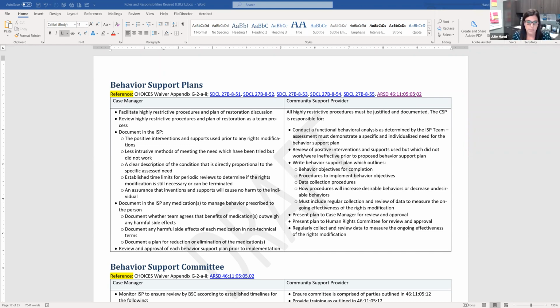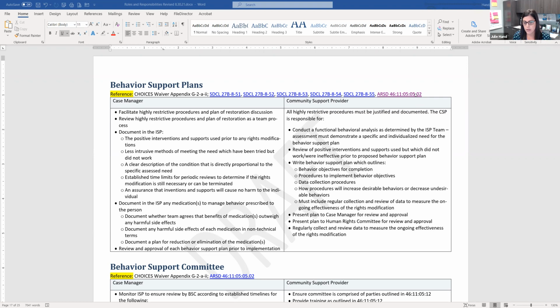So we have all of these statutes, and these are largely about modification to behavior, and the functional behavior analysis that needs to occur before any of those behavior modification plans can be implemented. If we look at the rule, it does talk about due process, but this specifically calls out highly restrictive procedures. I'm going to look to other work group members, because I don't think all CSPs lump other rights restrictions together with highly restrictive.